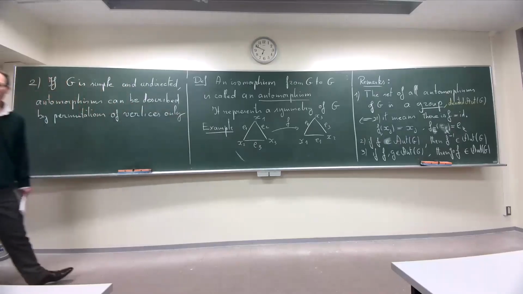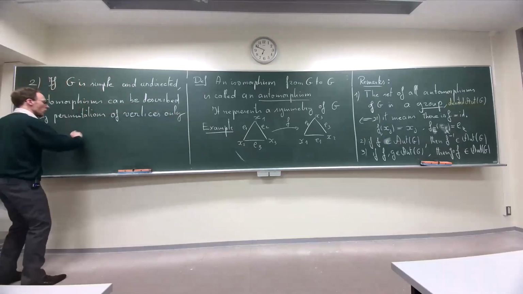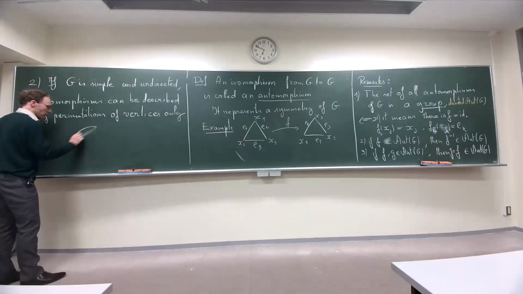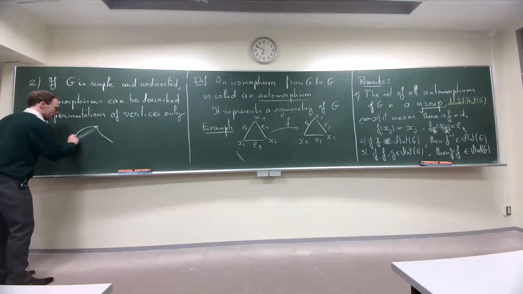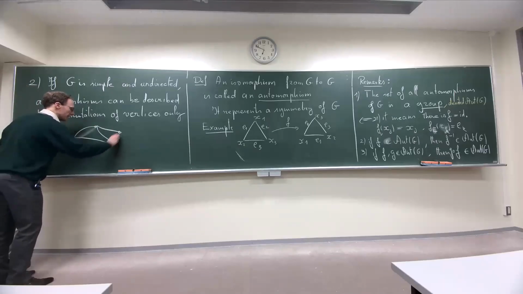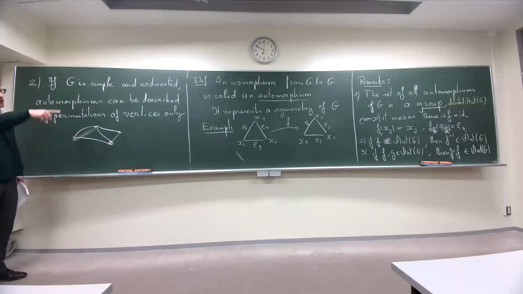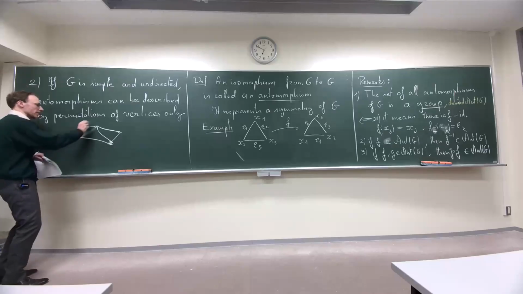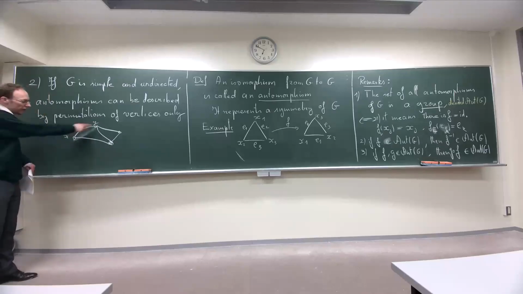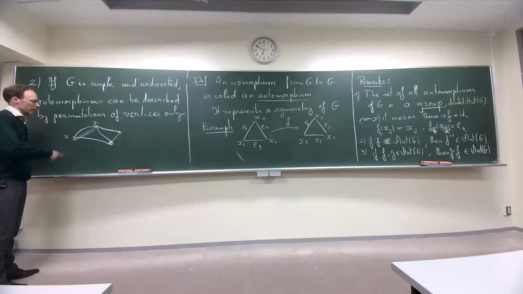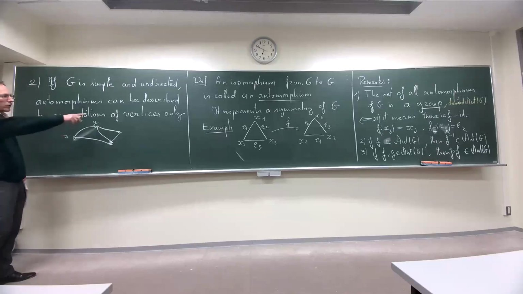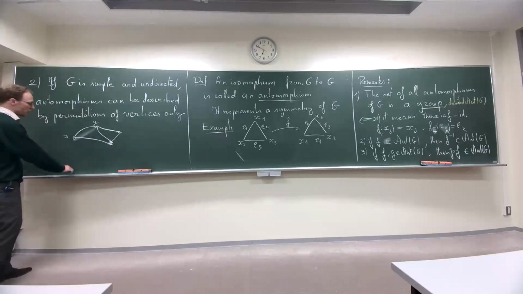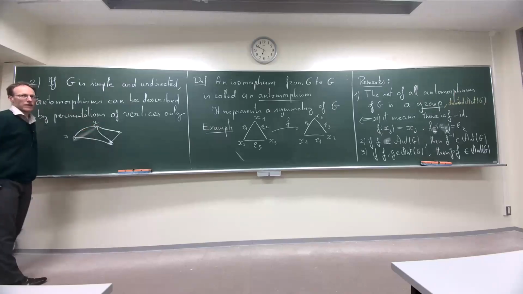So it means if you have a graph which has no double edges, and no loops, so really the simplest graph, then you don't really have to define the two functions, because an edge is completely determined by knowing x and y. If you know x and y, you know that there is an edge. So you can reduce the information. When you describe these automorphisms, you just need to say how you change the vertices.